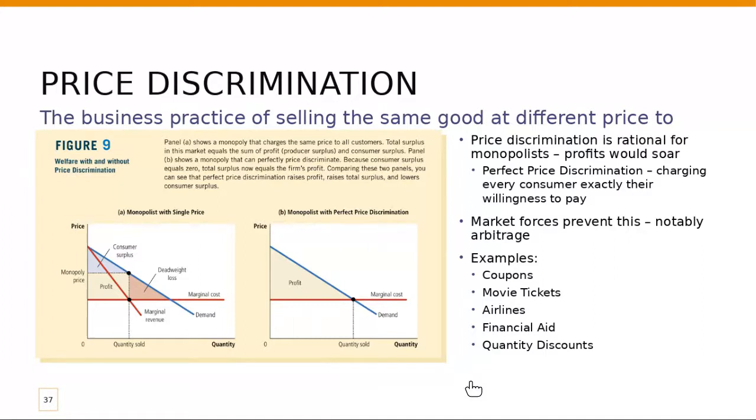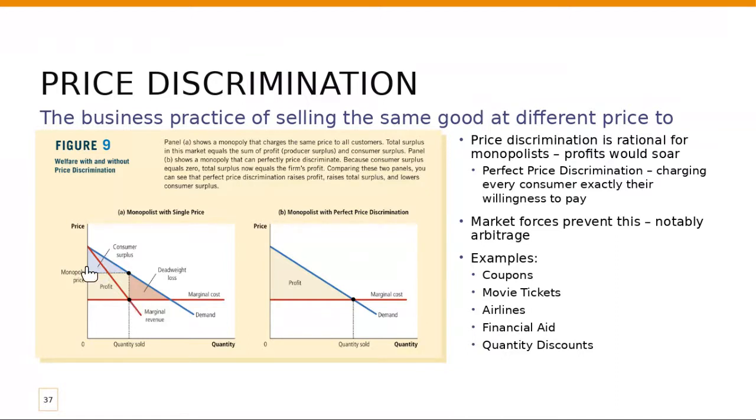However, if you did have it, notice what happens with the monopolist with a single price. So this is their marginal cost curve. They price up to the demand curve at the quantity where their marginal revenue equals marginal cost. So the monopolist profit is this little square. However, this does create the market deadweight loss we were talking about, because the market is then producing at a quantity lower than it would be at the social optimum, and consumers are paying a higher price.